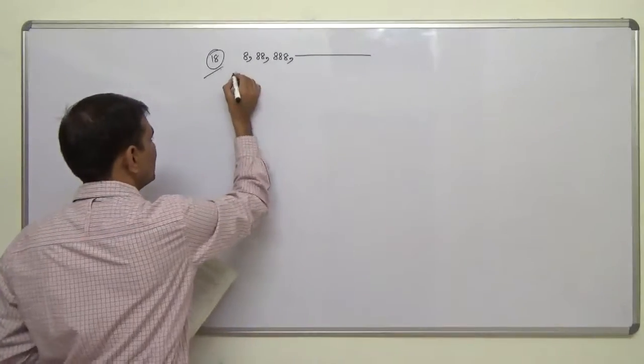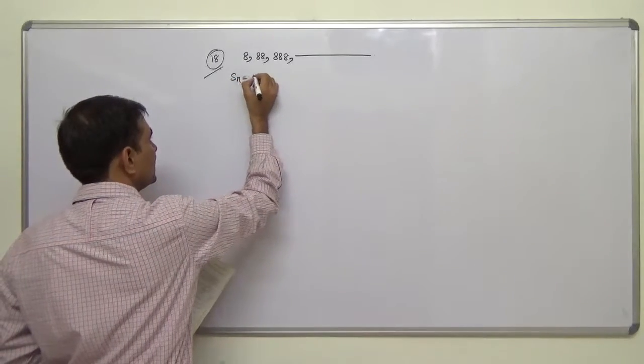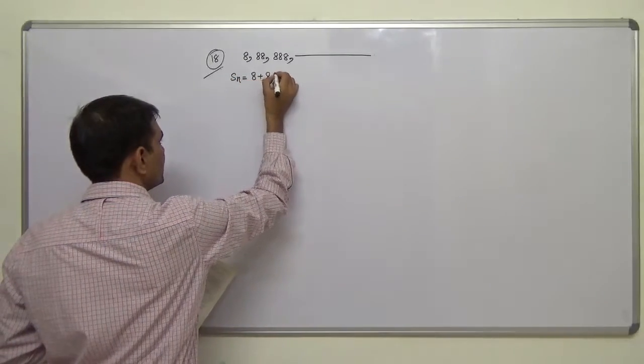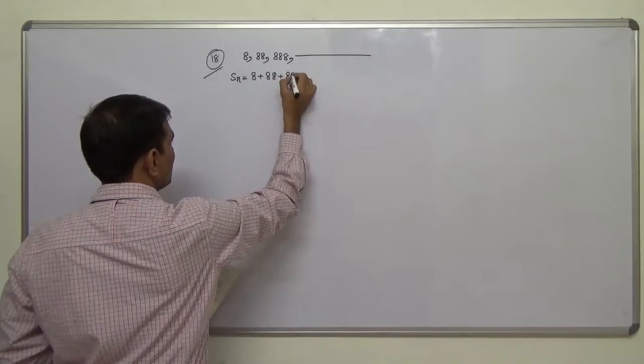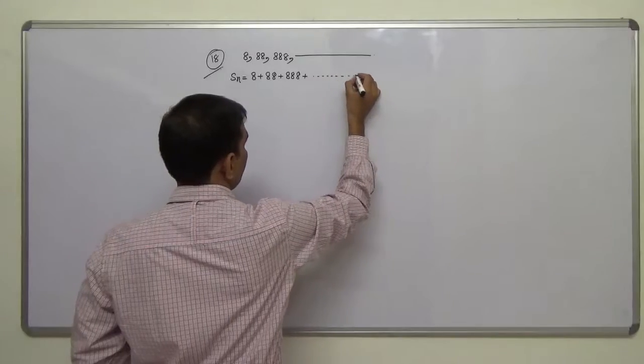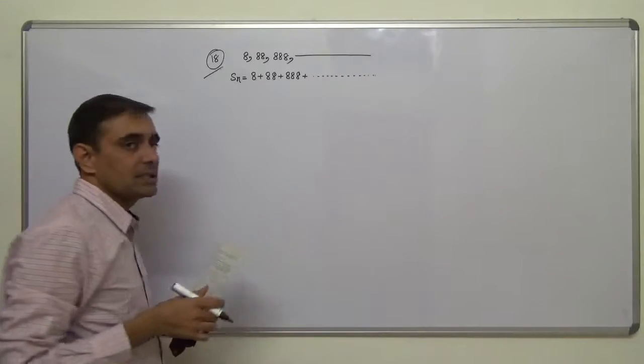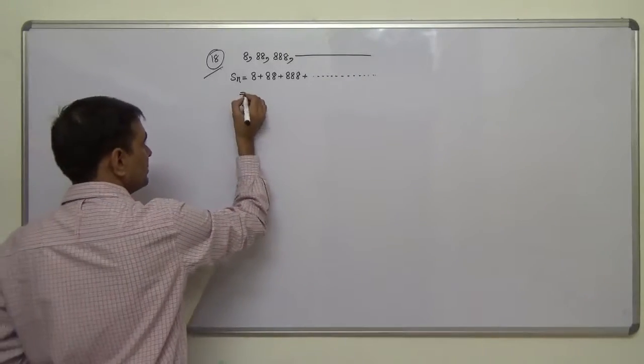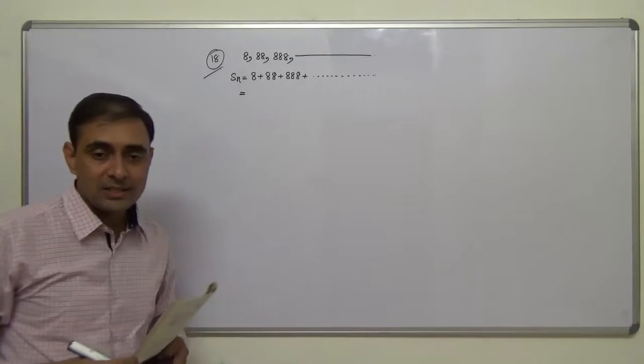सो हम इसको क्या अज्यूम कर लेते हैं? 8 प्लस 88 प्लस 888 प्लस and so on. Sn is this. This is a special sequence.